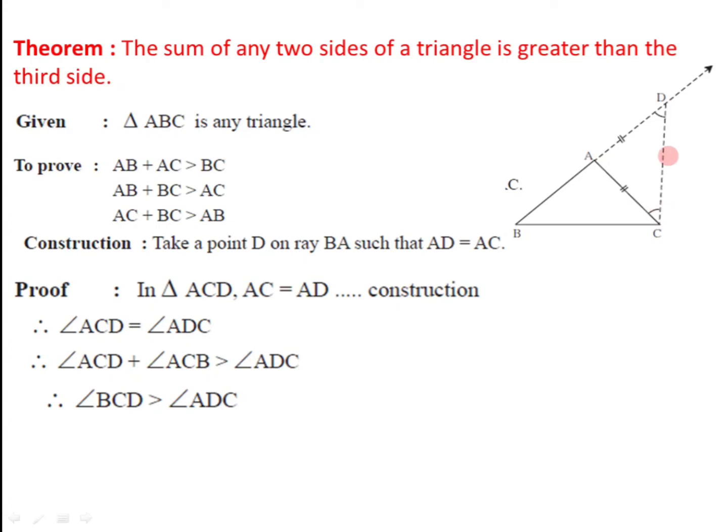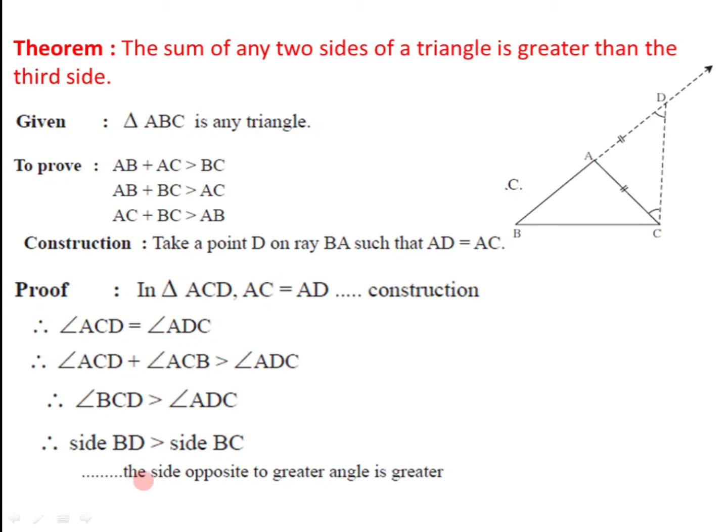For angle BCD, we have proved that angle BCD is greater than angle BDC. That's why the side opposite to angle BCD must be greater than the side opposite to angle BDC. The side opposite to angle BCD is BD, and the side opposite to angle BDC is BC. That's why we have this relation: side BD is greater than side BC. The reason is that the side opposite to the greater angle is greater.